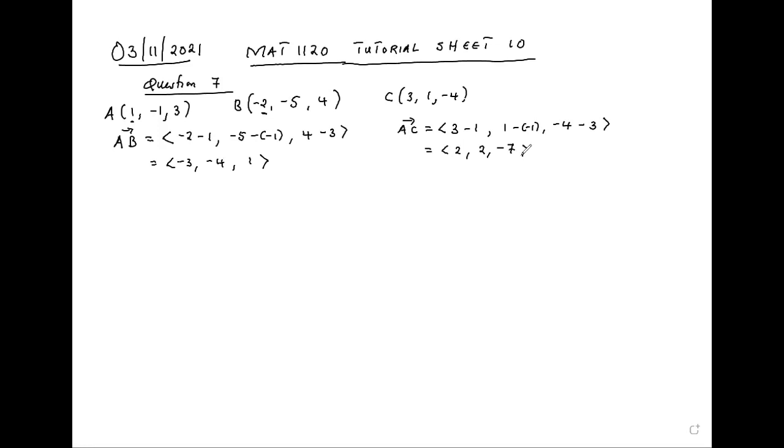So I have found two vectors, and we're assuming that we have a structure that looks like this one. This is A, and this is C, and also this is A, and this is B.